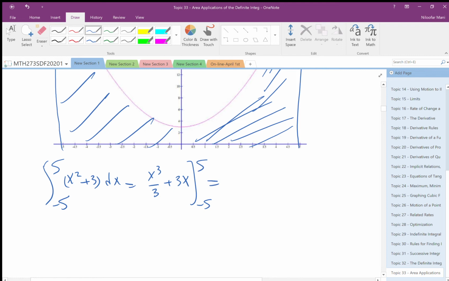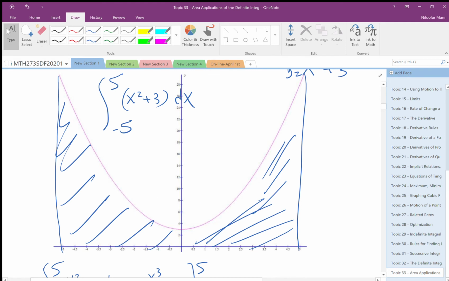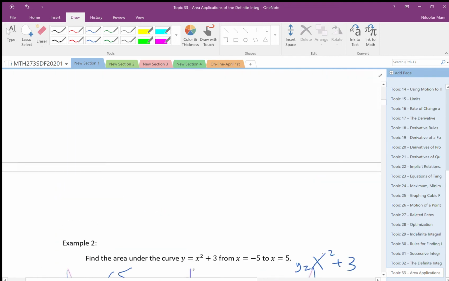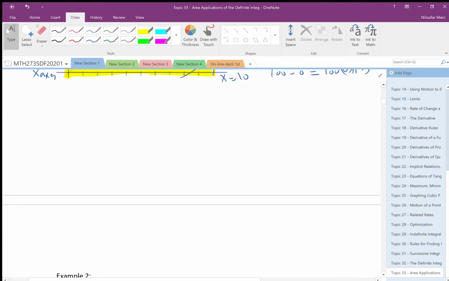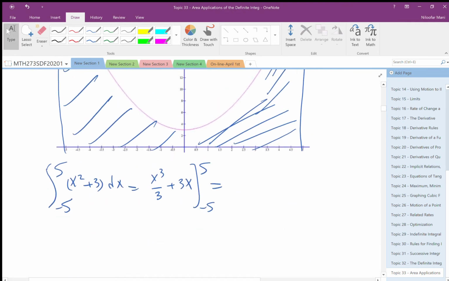Because the function is positive, everything is on top of the x-axis, so it is positive. That's the answer. I can show you later why, when it is negative, I have to do something else. Look at this. This is also positive, above the x-axis. This one as well.